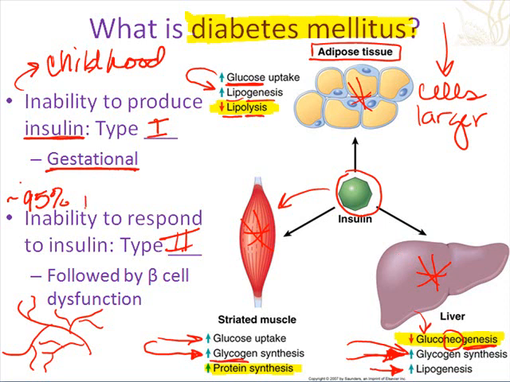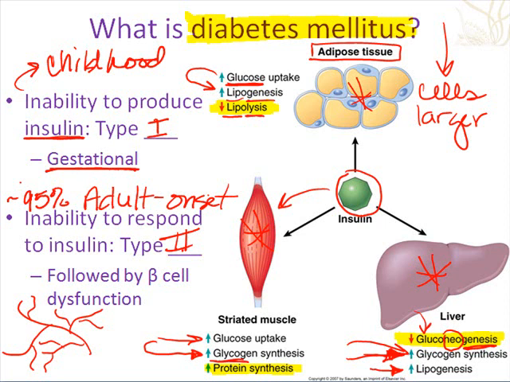This is also often called adult onset diabetes mellitus because it's typically seen in people in their 30s or 40s, although in the United States it's becoming more prevalent among people in their 20s, and even some people in their teens are beginning to develop type 2 diabetes mellitus.